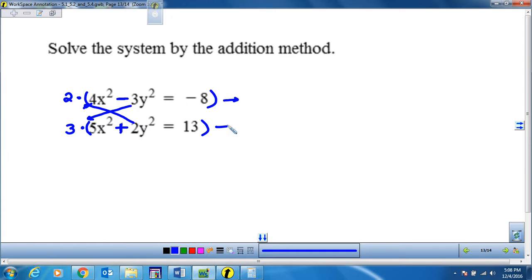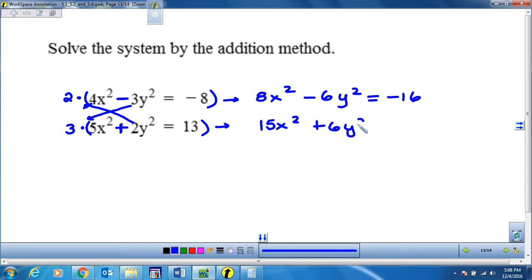These ones are going to be 2 times 4, it's 8x squared, 2 times negative 3, negative 6y squared, 2 times negative 8, negative 16. 3 times 5, 15x squared, 3 times 2, 6y squared, 3 times 13, 39. So now you can add 8x squared plus 15x squared, it's going to be 23x squared.